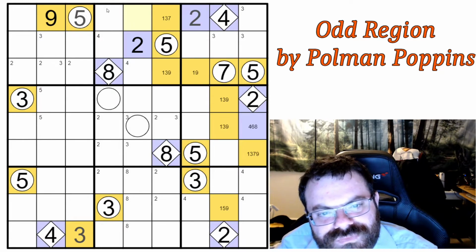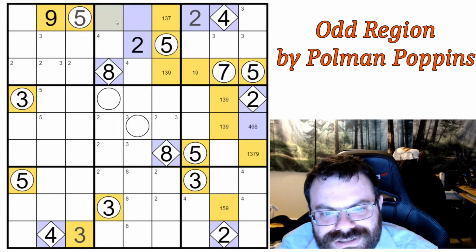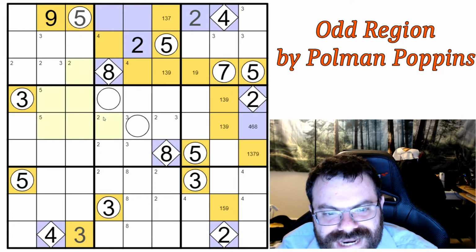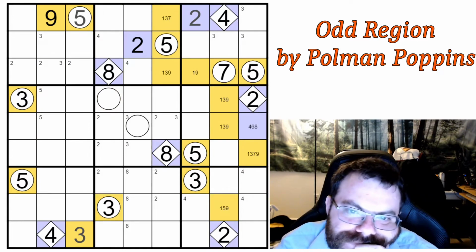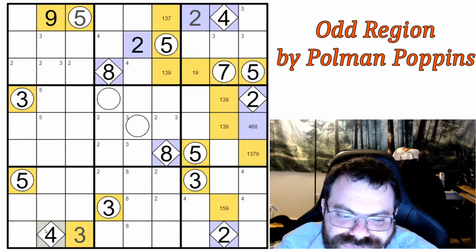So I think no matter how... oh no, so if I made these two even, then these now can't connect to the 8, because these would have to be odd. But that's not actually problematic for the 8. Doesn't prove anything. How about this 4? Is it possible for this 4 to escape?